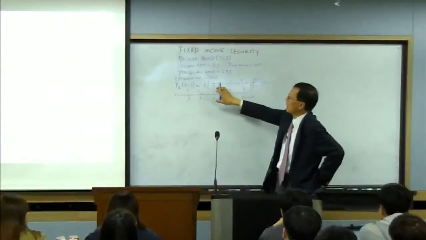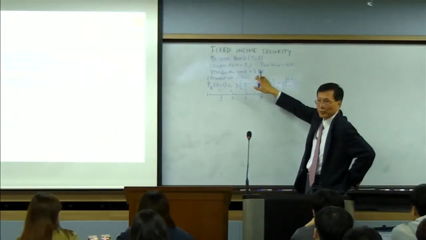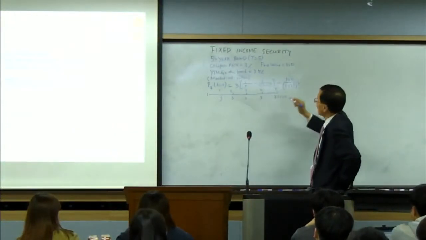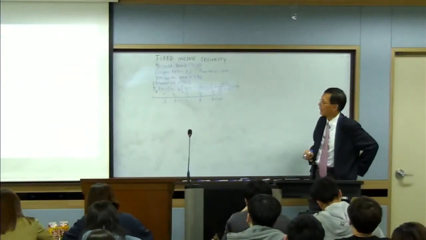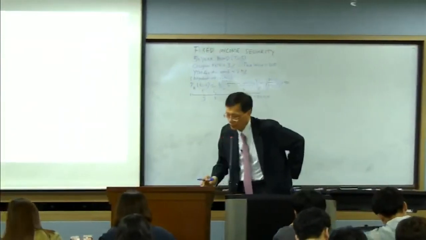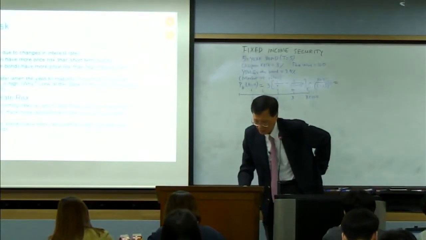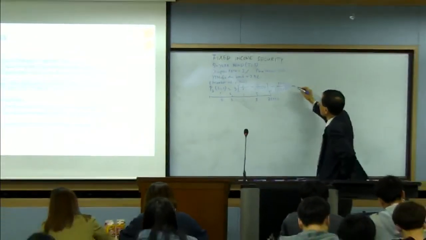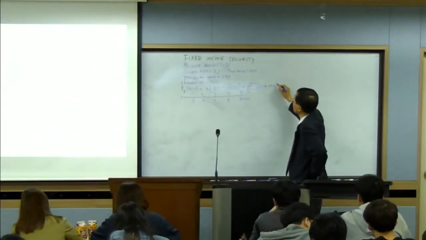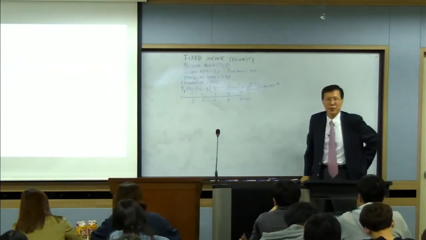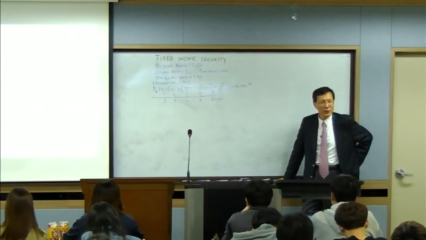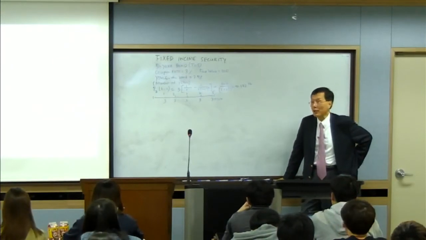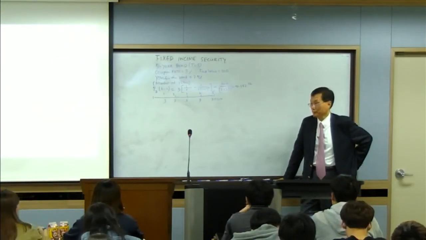For this R, you replace that with 2.5%. And if you compute that, that is equal to, if my computation is correct, 102.32. So this bond is selling at $102.32, which is higher than the face value.